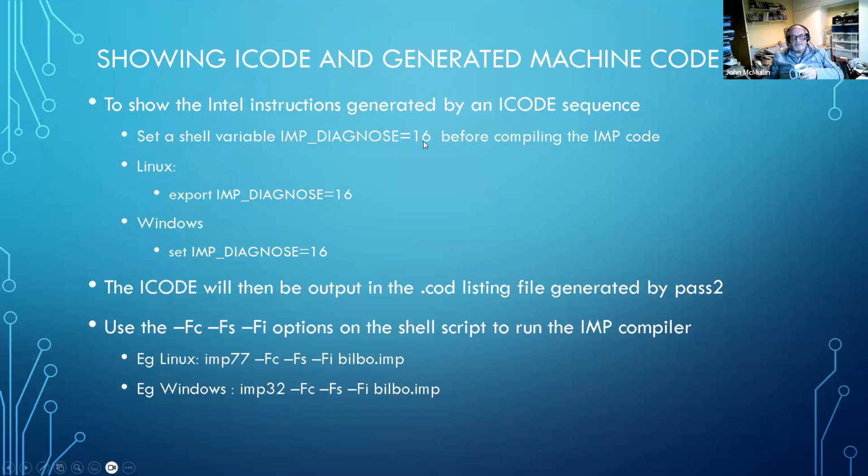So we're setting up the compiler to say, tag 16 means I'm going to have to feed certain values out. And I've used 16 to say, dump out I-code values. So on Linux, export, on Windows, set. And then the I-code will then be output in the code listing.